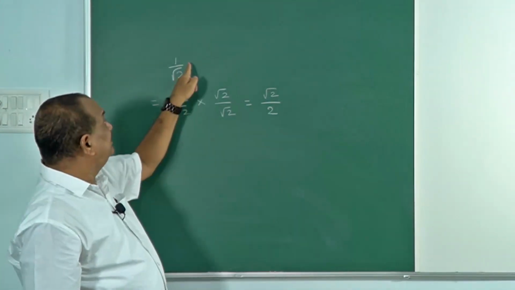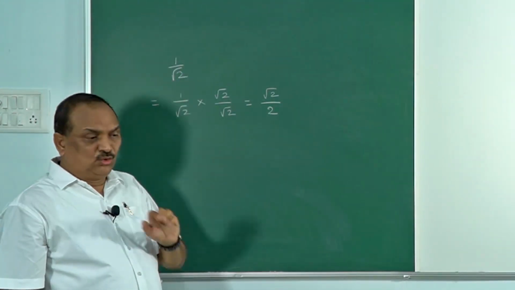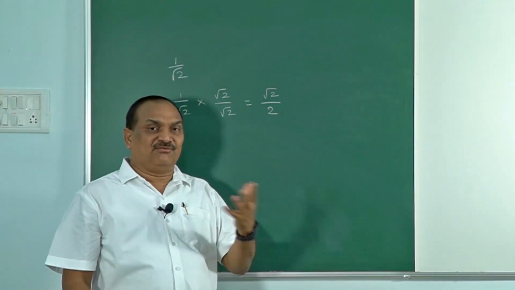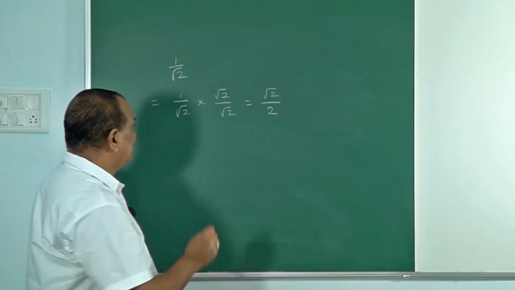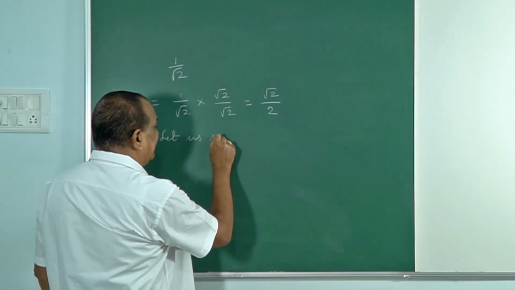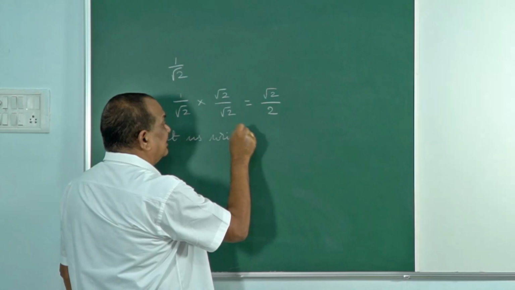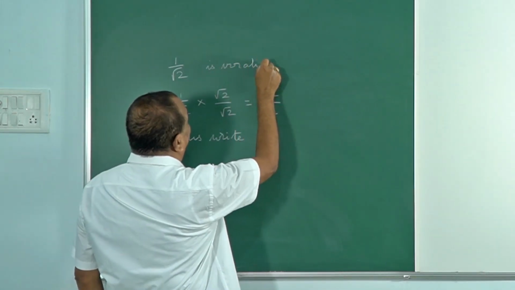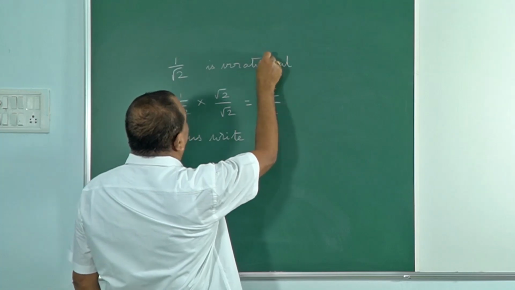If you want to prove that this is irrational, you can straight away start by assuming that you can write it in the form of P over Q. This is the irrational number that you are supposed to prove it actually.